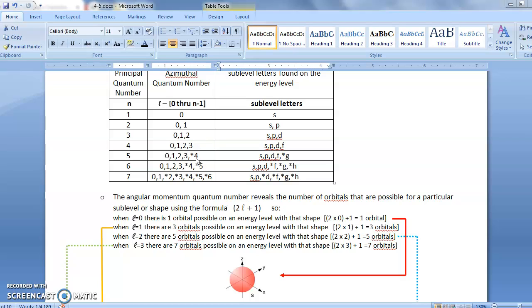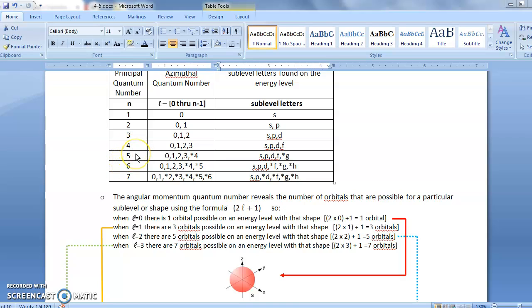So 4 times 2 is 8, plus 1 is 9. The g would hold 18. Remember, the fourth level held a total of 32 electrons. There are 16 orbitals. 4 squared is 16, times 2 is 32.